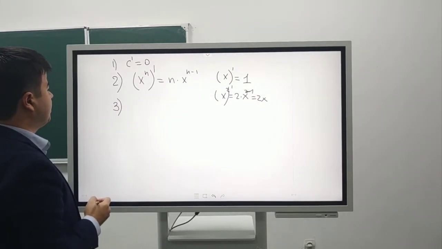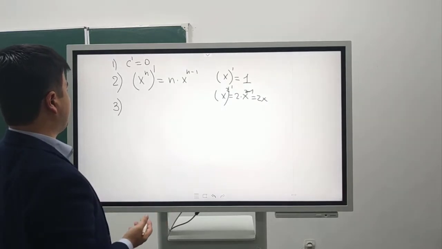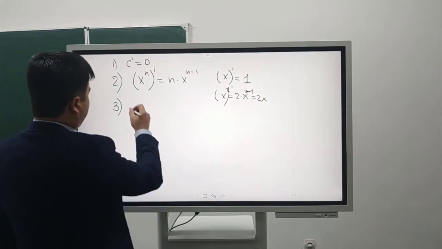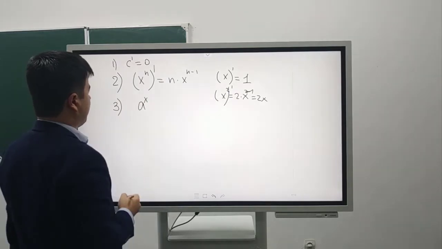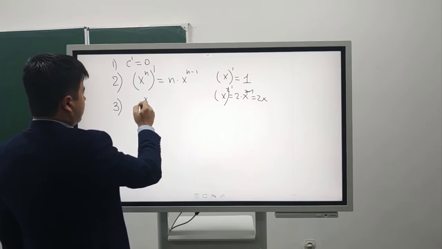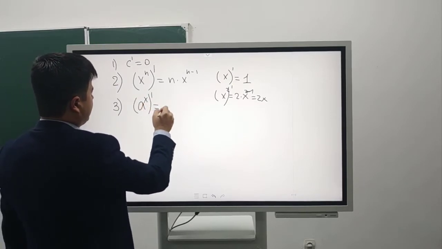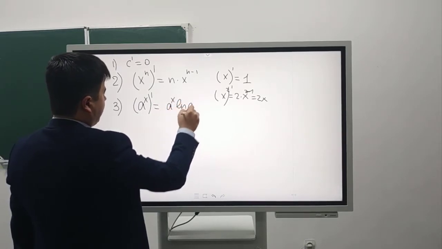We can consider trigonometric functions also and logarithmic functions. The next one is e to the power of x, for example, exponential functions. Derivative of a to the power of x is a to the power of x times natural logarithm of a.